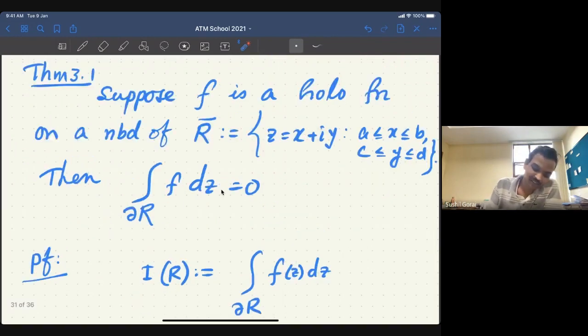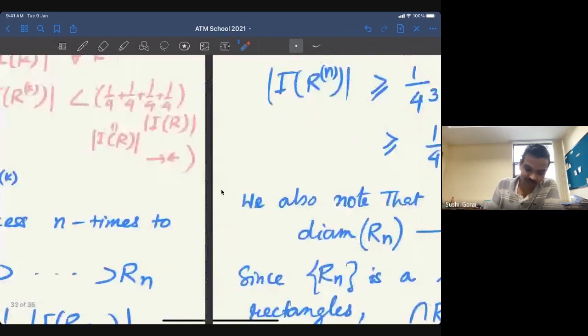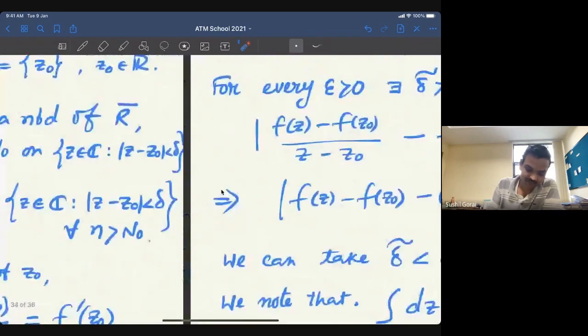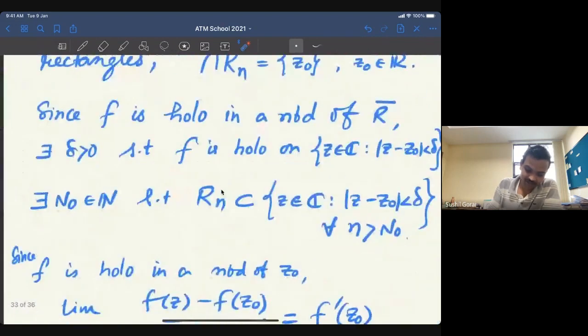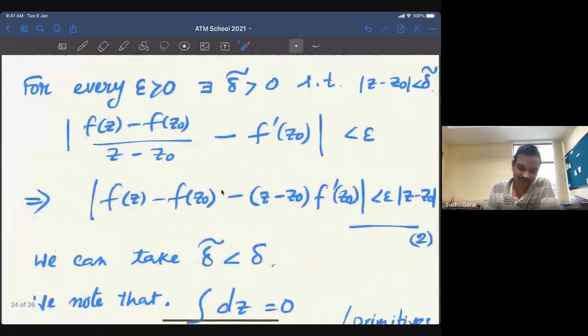You cannot remove continuity of the derivative until this theorem. Here, in the holomorphicity we have just used what? This limit, the existence of this limit. We did not use continuity anywhere. So go back and check that you must have somewhere assumed the continuity of the derivative.